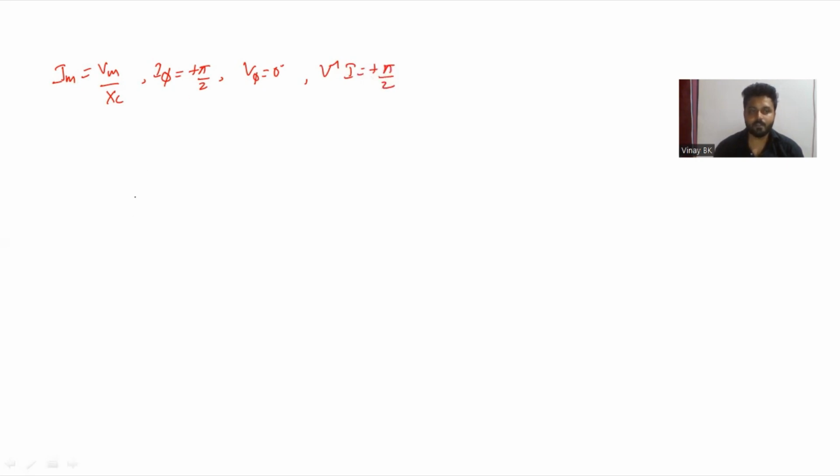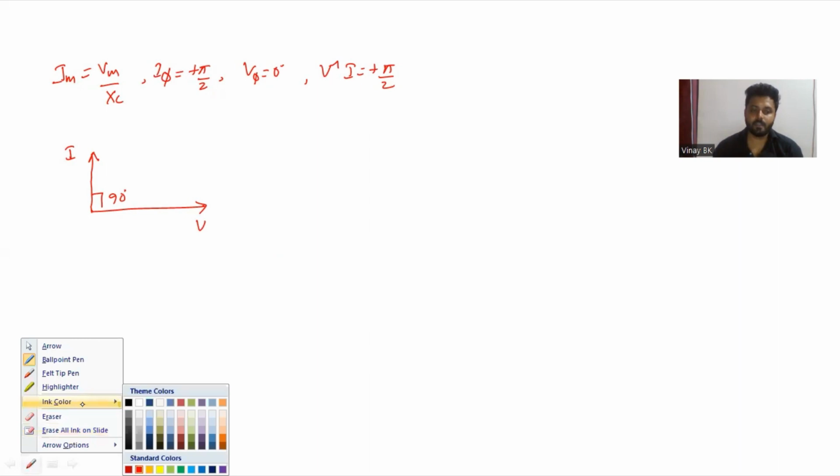The reference is voltage, so by taking voltage as a reference, current leads the voltage by an angle of 90 degrees. This is the phasor diagram.